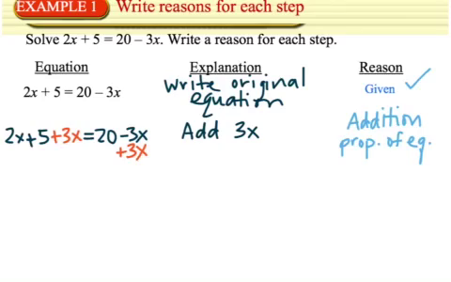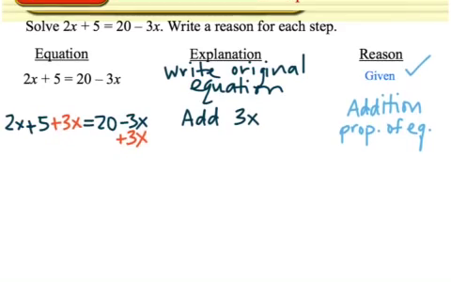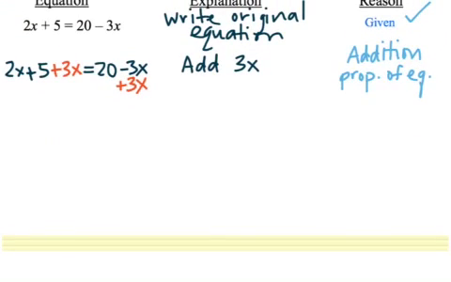Addition property of equality. So let's keep going. When we simplify this, 2x plus 3x on the left-hand side is 5x, plus 5 equals, now we're just left with 20 on the right-hand side.